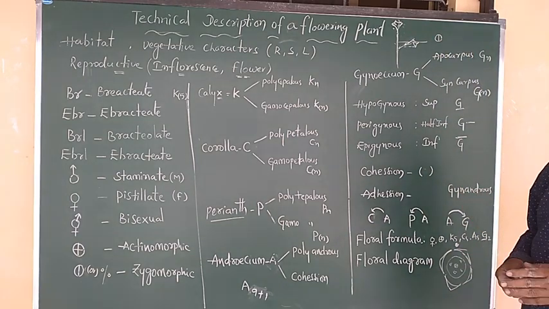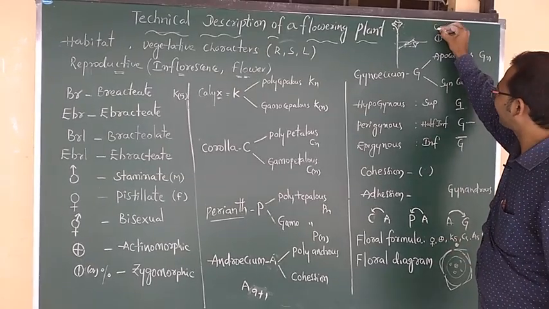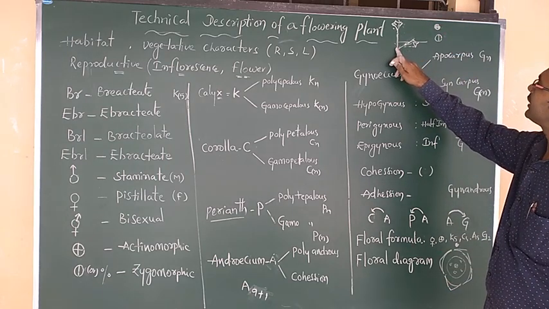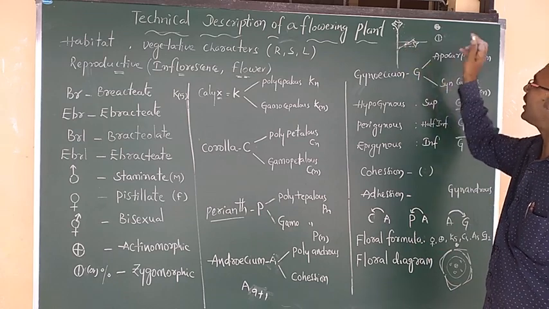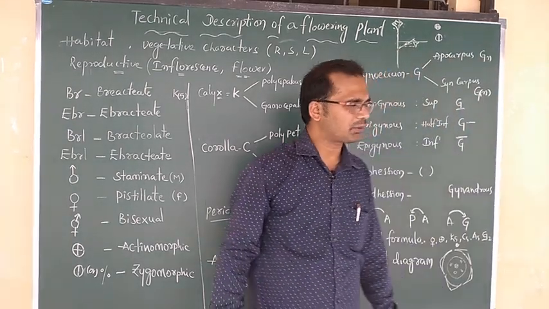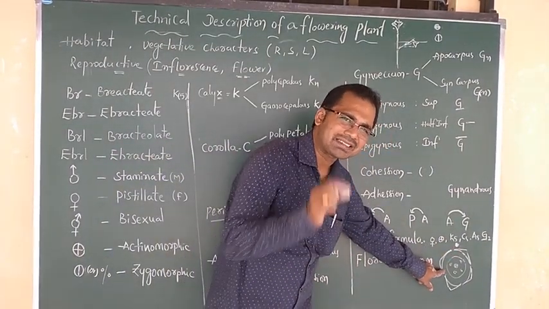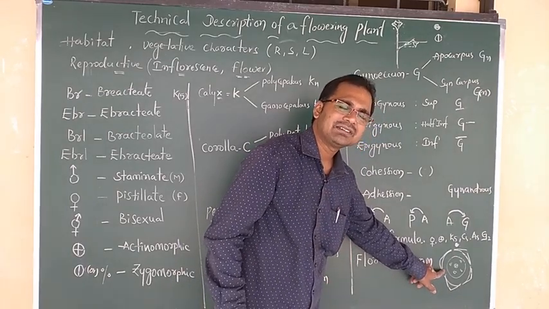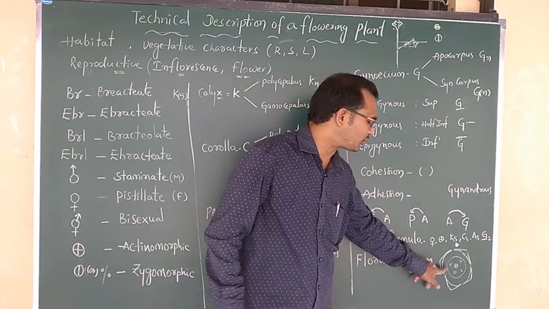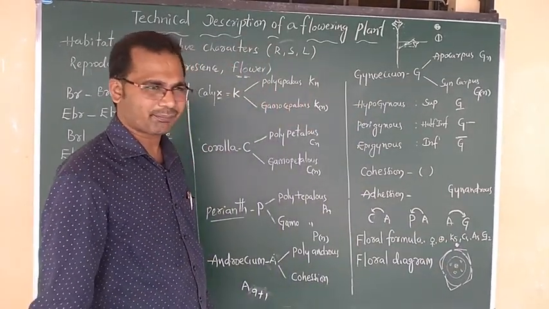Depending on the plant, if the same axis is present, we keep a solid symbol. If the mother axis is perpendicular to the flower at 90 degrees, I keep one line. According to the textbook, above the floral diagram, the solid symbol indicates how the mother axis is arranged with respect to the flower.